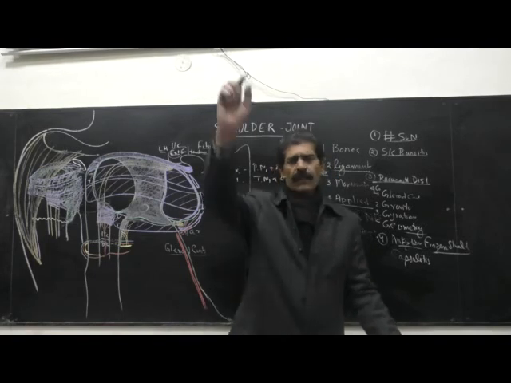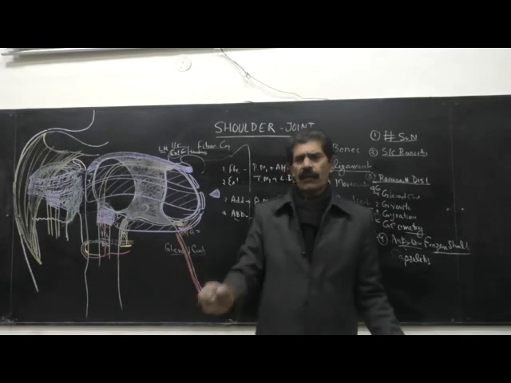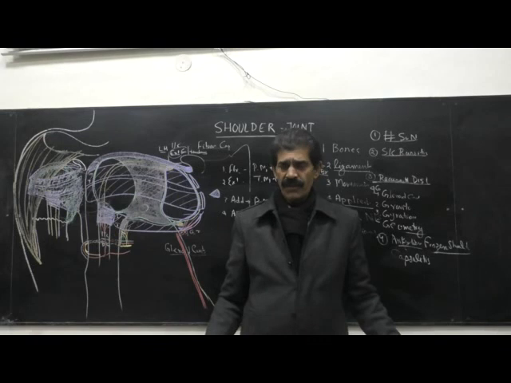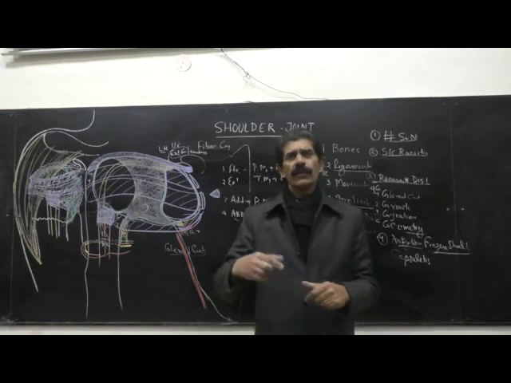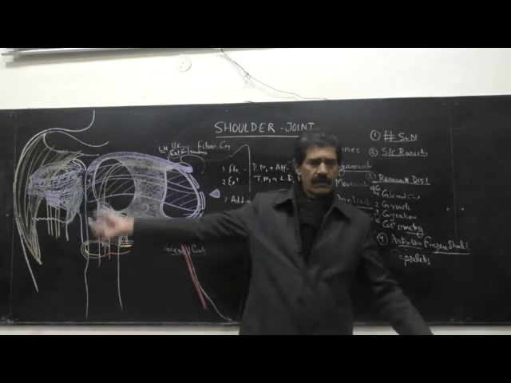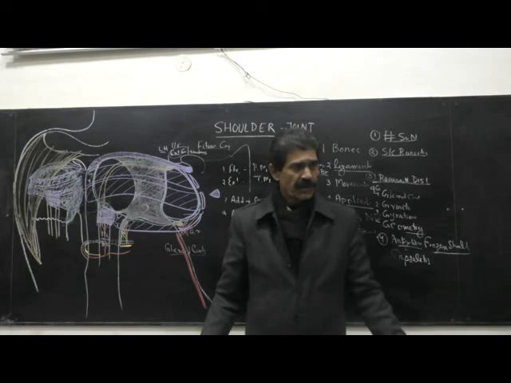After that, regular exercise in all movements of the shoulder joint is advised to the patients. Usually these injections are given weekly. Two, three or four weekly injections are sufficient to make it a movable joint.